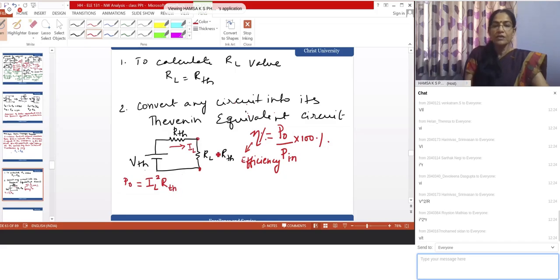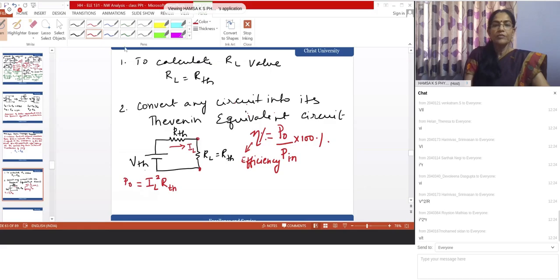Okay, so we'll use that. It is not a general circuit. It is a Thevenin equivalent circuit, and it is a circuit for maximum power transfer, right? We can also use V squared divided by RL, but you need to calculate the voltage across this, so it will be VL squared divided by RL. You can use that equation also. So this is output power.